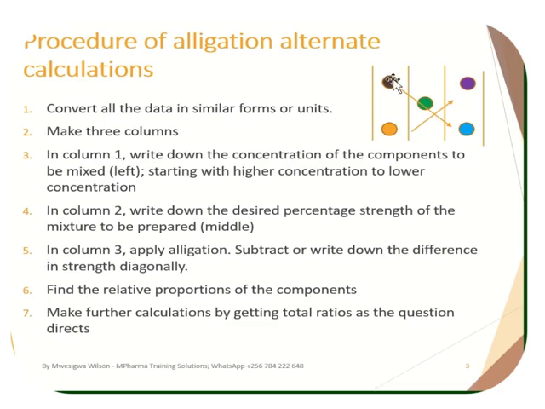You are subtracting this from this, getting the part for this, and this from this, getting the part for this. Now, after this, we get the relative proportions of the components. Then we make further calculations as the question directs.